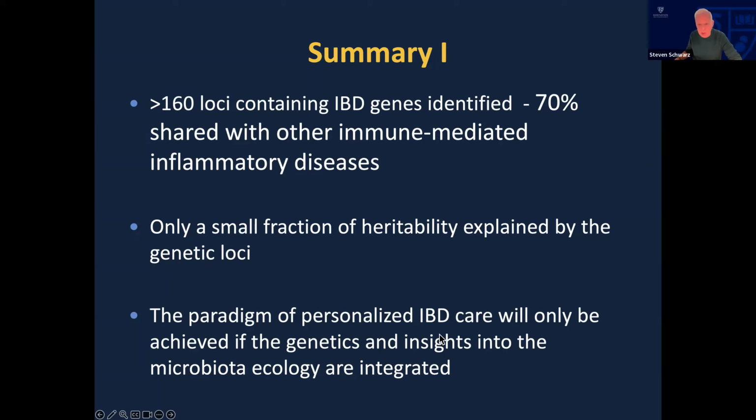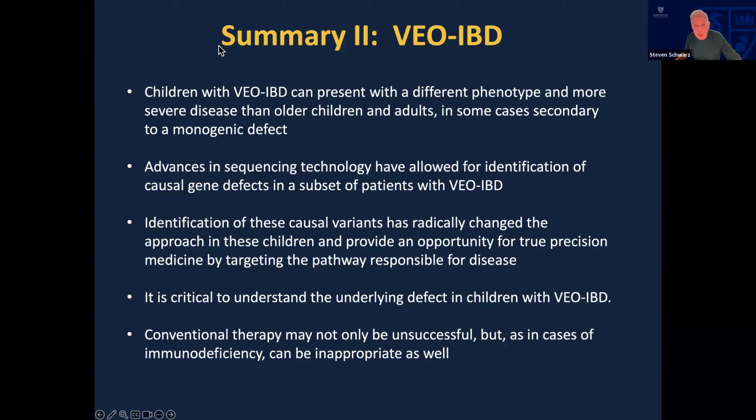The paradigm of personalized IBD care will only be achieved if we further understand genetics, and how the interplay between genetics and the environment can affect the microbiota and the development of specific disease states. And importantly, you need to understand the unique aspects presented by very early onset IBD.